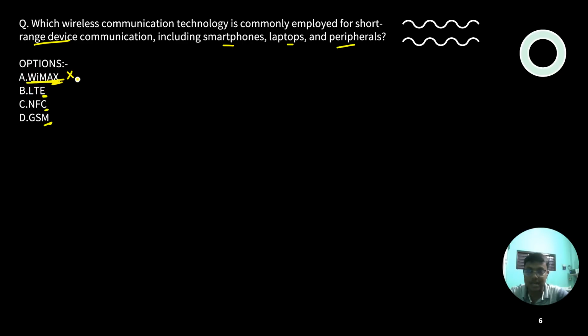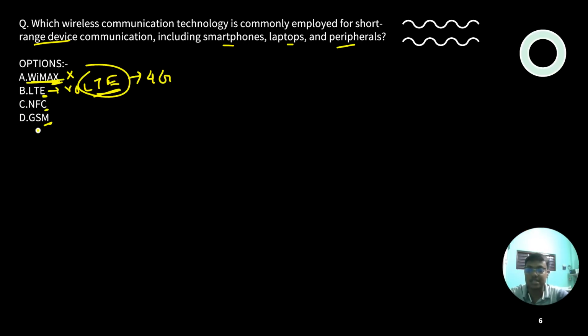So leave that. That is most probably not the correct answer. Next is LTE. If you know LTE, that VoLTE section is there in the internet, 4G internet connectivity. So that is probably used for the 4G connectivity, which is not at all a short range connection.